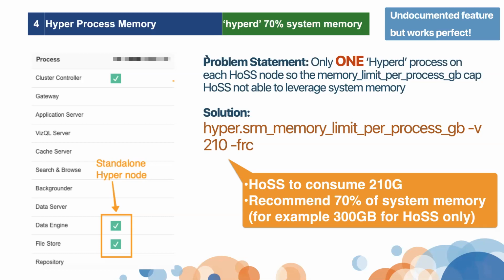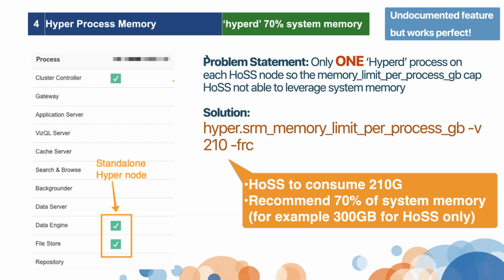I'm talking about large deployments. Now, if you restrict the Hyper node to 40 or 50 gig memory, that may be too low for your Hyper. You're not leveraging the Hyper node memory well enough. That was the situation I had for a period of time.